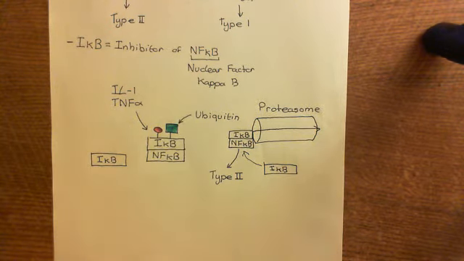You're not going to induce type 2 activation in the endothelial cell because you've got just too much inhibitor of NF-kappa B. And that's one of the things that these glucocorticoids are going to do within endothelial cells. They're going to increase the expression of the inhibitor of NF-kappa B and thereby block the induction of type 2 activation.